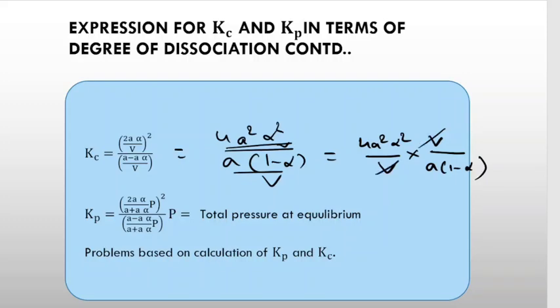V and V get cancelled, A and A get cancelled. So 4A alpha square divided by (1 minus alpha) is the final expression for Kc in terms of degree of dissociation alpha. Similarly, you can calculate the Kp also. That's how to calculate the Kp and the Kc.